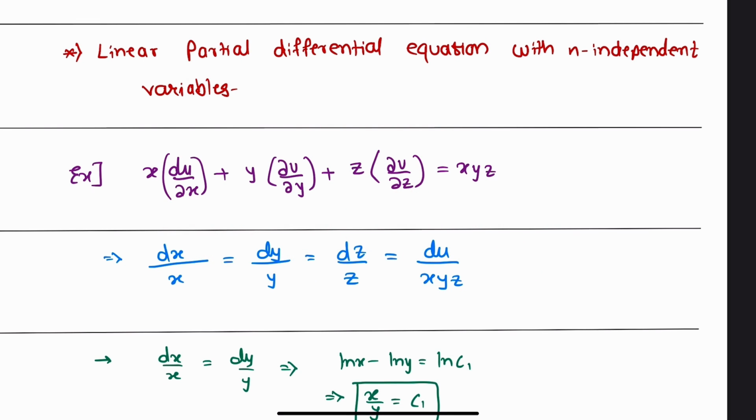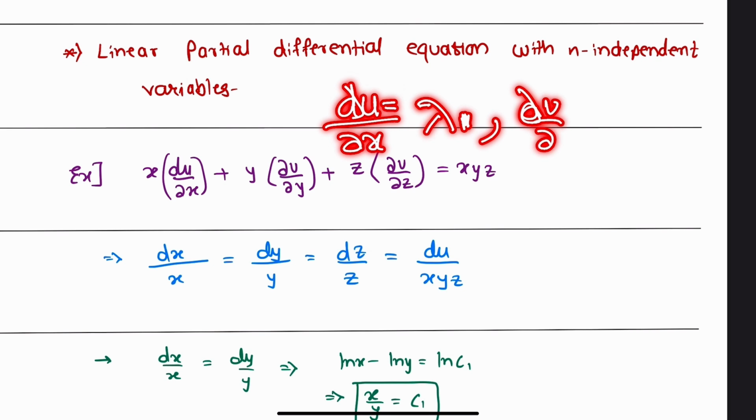If we write this given equation in the form of p1 into, let us say, dou u by dou x, let us take it as lambda 1. Then dou u by dou y, let us take it as lambda 2 and so on. Dou u by dou z equals lambda 3.